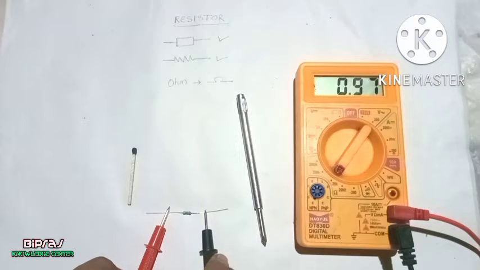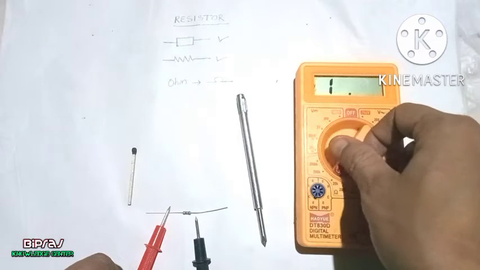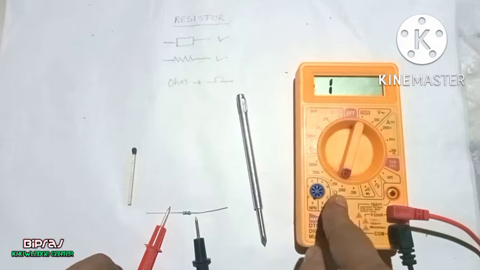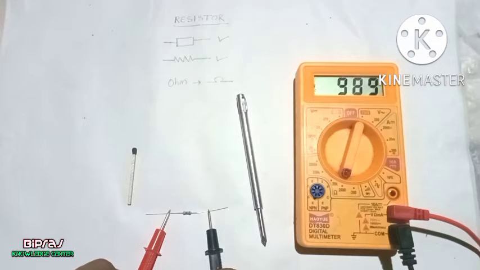Now it is 0.9, it is showing its actual value, and now again we can reduce it to the 2000 ohm range, and its actual value you can see is 989 ohm.